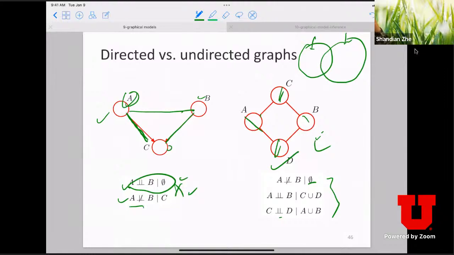However, when you convert it to the undirected graphical model, for some distributions you cannot guarantee that every distribution will satisfy the two properties. So this is a subtle point. Does it make sense? Okay, any other questions regarding the definition and the basic concepts?